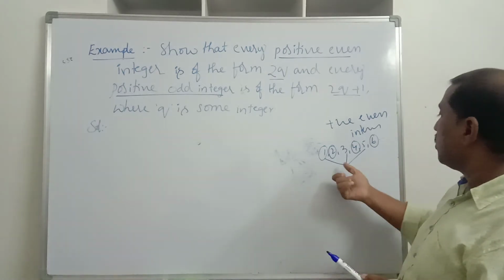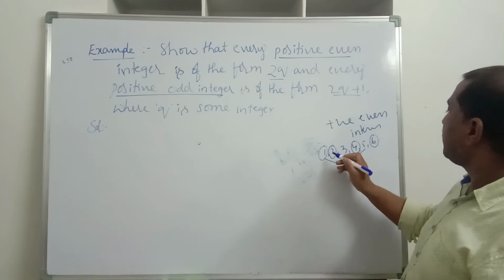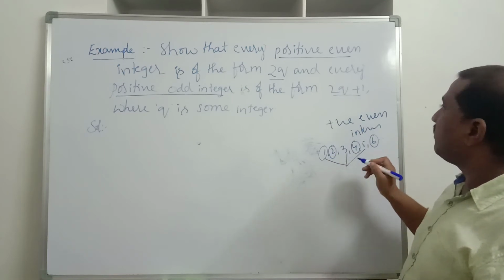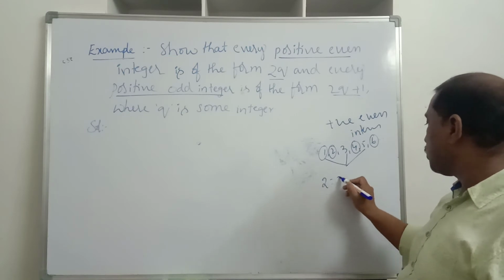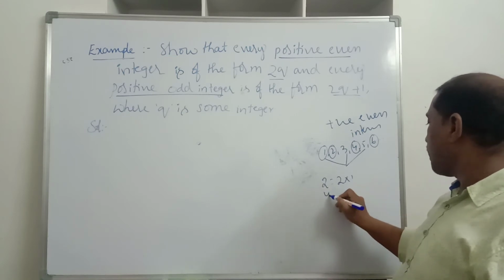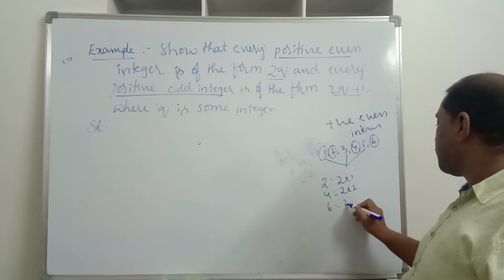We need to show 2, 4, 6 in the form of 2q, and 1, 3, 5 in the form of 2q plus 1. See here, 2 can be written as 2 into 1, 4 can be written as 2 into 2, and 6 can be written as 2 into 3.